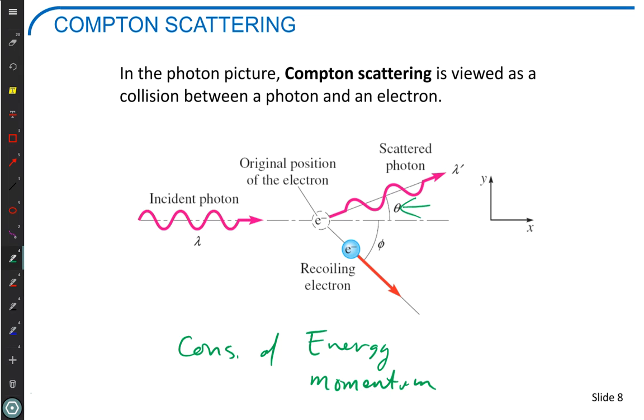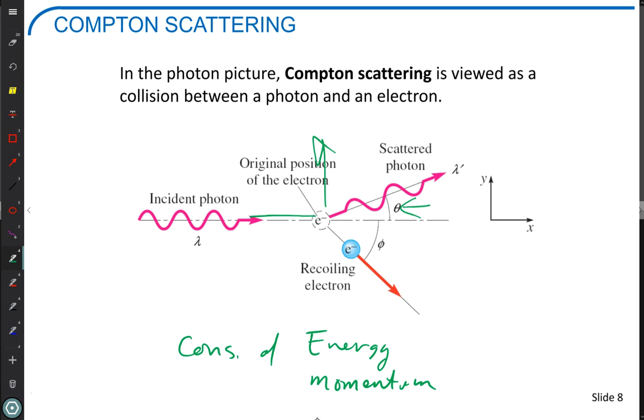That would mean it just goes straight. What's the largest angle theta could have? 90 degrees would be like this. 180, it could come straight back at you. So 180 degrees is the largest angle. So theta is going to be between 0 and plus or minus 180 degrees.